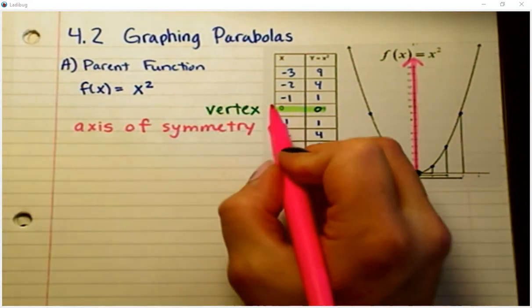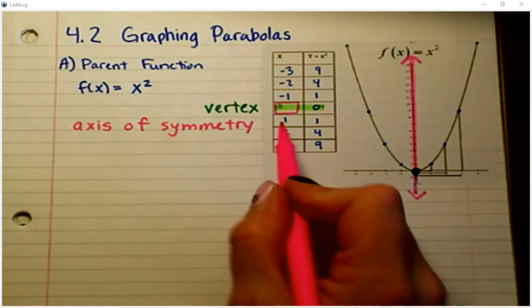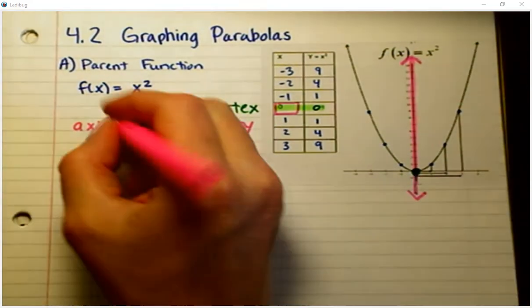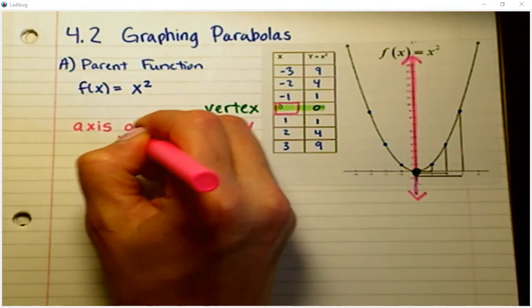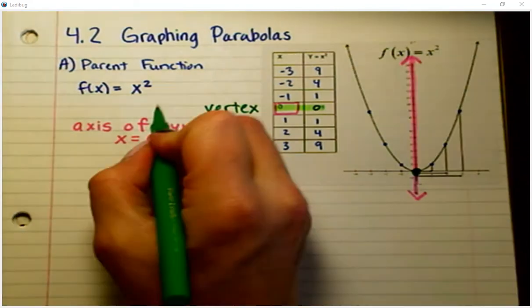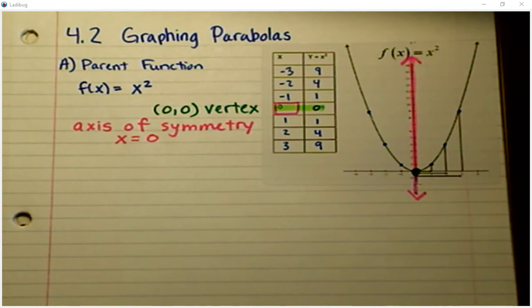And that is the line that goes right through the vertex, right? It goes right through the vertex. So those two pieces are connected. X equals 0. It's an axis, it's a line. It's not a point, it's a line. The vertex is an actual point. Okay.